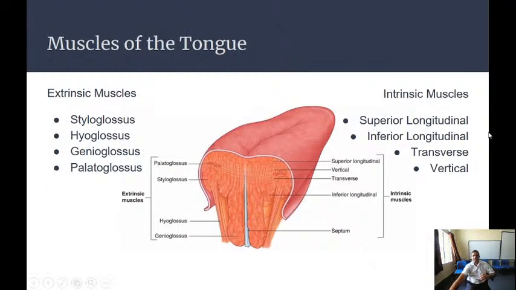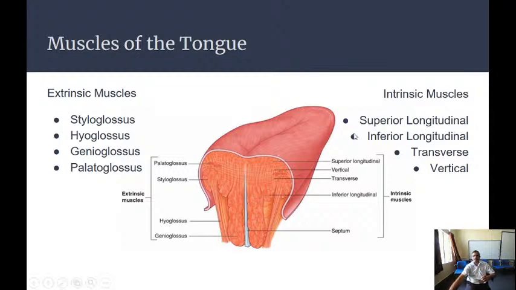Then we go to the intrinsic muscles. The longitudinal muscles, when they contract, make the tongue short. The transverse muscles, when they contract, make the tongue narrow. Then you have the vertical muscles, which make the tongue thin. So you have the intrinsic muscles in three different directions: the transverse, the longitudinal, and the vertical.